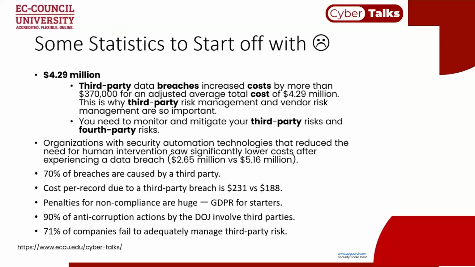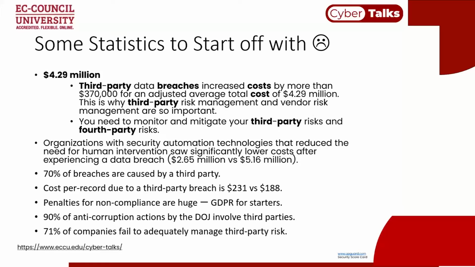Organizations that have put security automation technologies in place have actually further reduced the cost of experiencing a breach, whether it's a third-party breach or an internal breach, from 5.6 million to 2.6 million. 70% of breaches are caused by third parties, and you're seeing a lot more of this currently in the news.